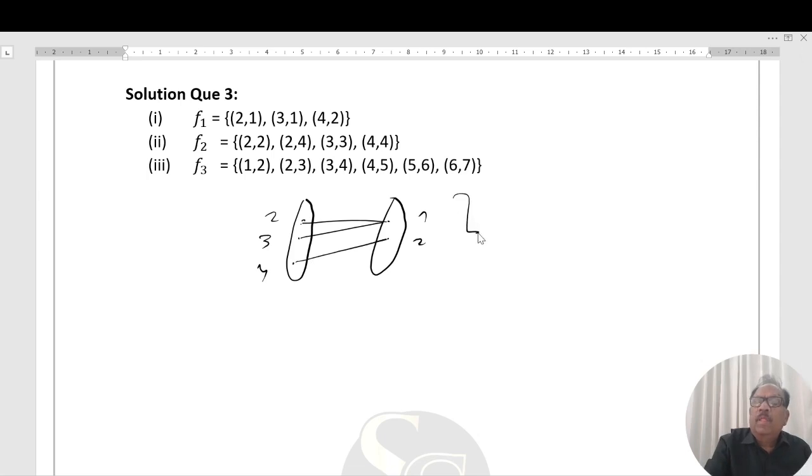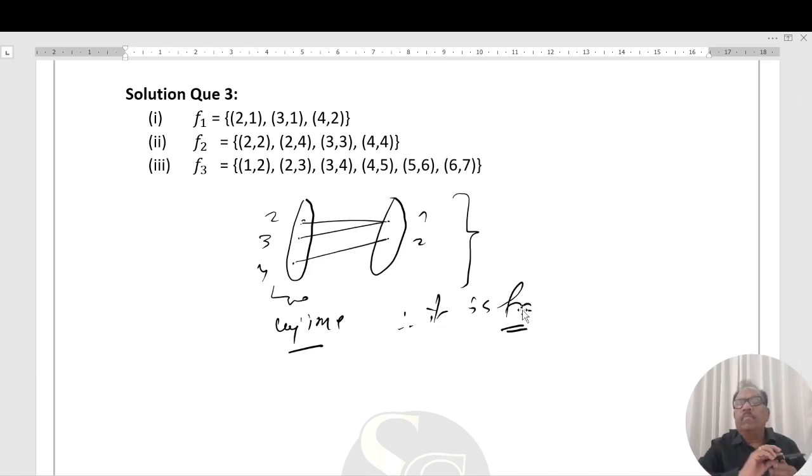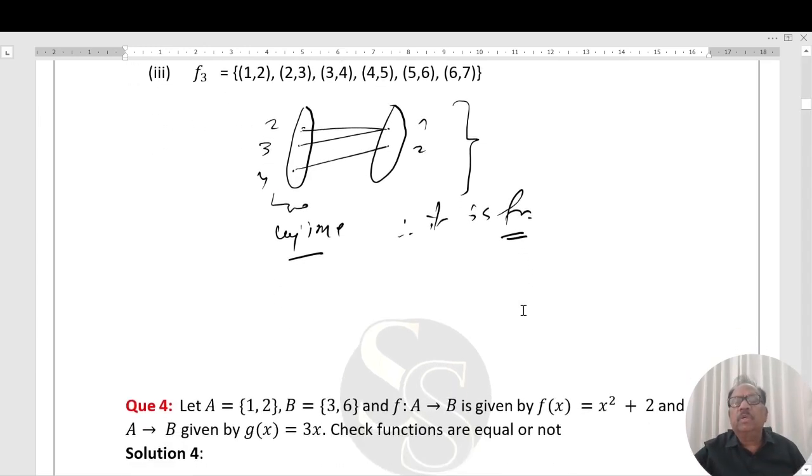Definition is each element of this has a unique image. 2 has one image only, 3 has one image only, 4 has one image only. Therefore, it is a function, right?